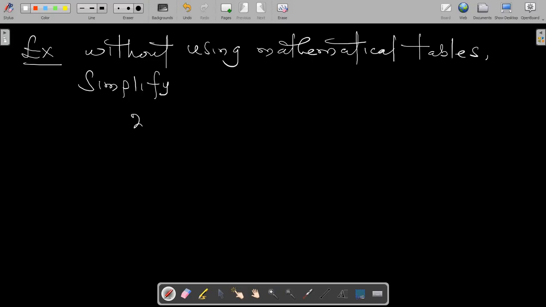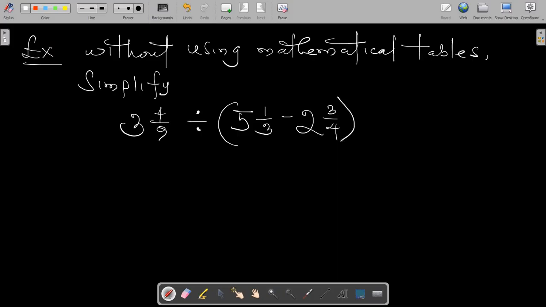Now this is the question: 3 whole number 4/9 divided by 5 whole number 1/3 minus 2 whole number 3/4, then plus 5 whole number 9/10.